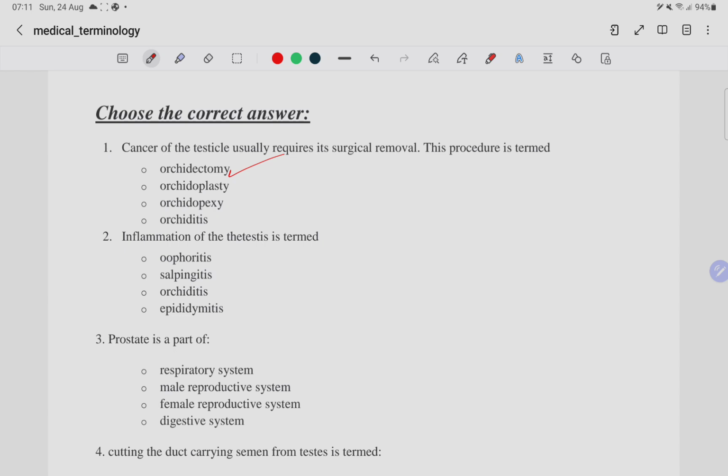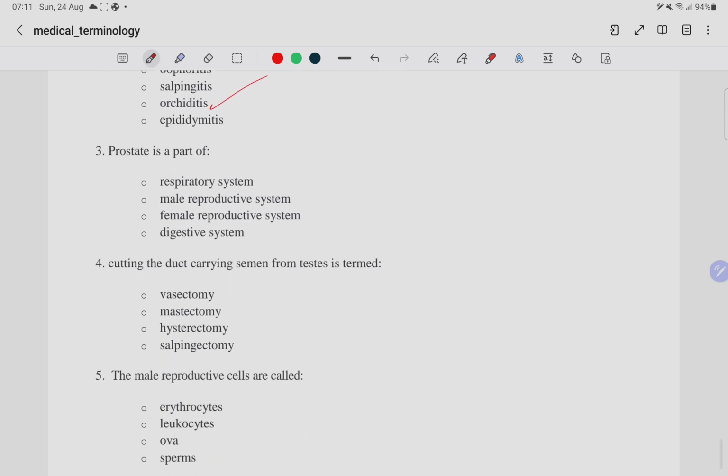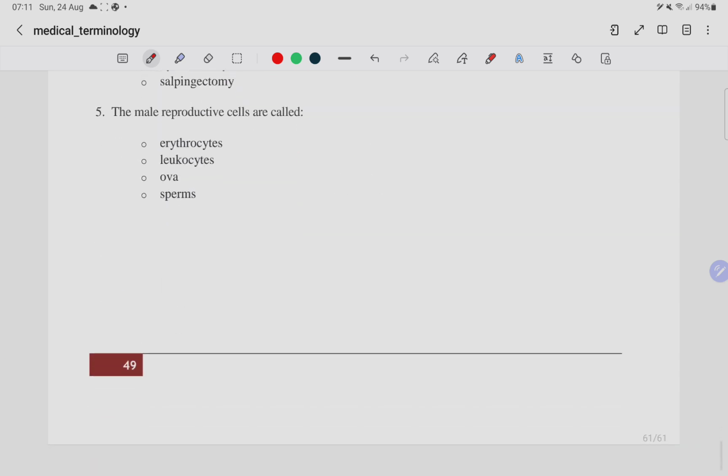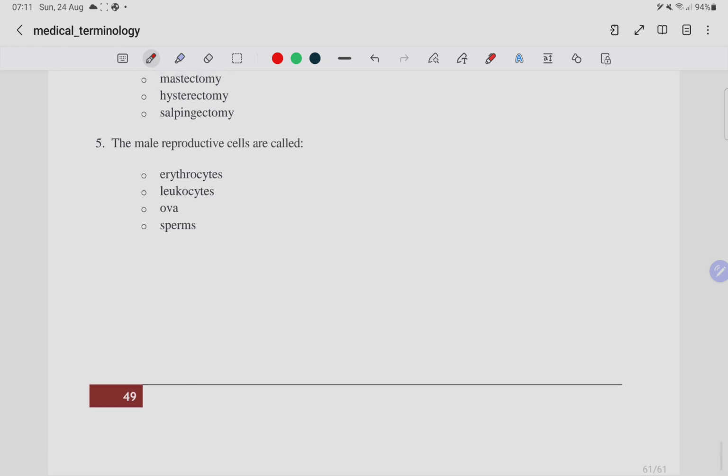Inflammation of the testis is termed orchiditis. The prostate is a part of the male reproductive system. Cutting the duct that carries semen from the testis is termed vasectomy. The male reproductive system produces sperms.